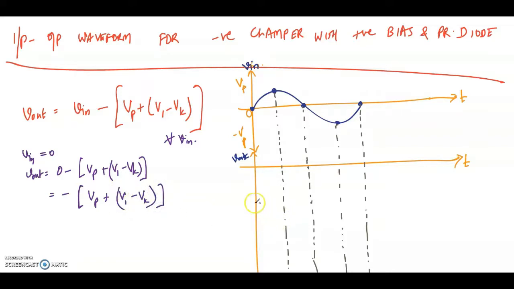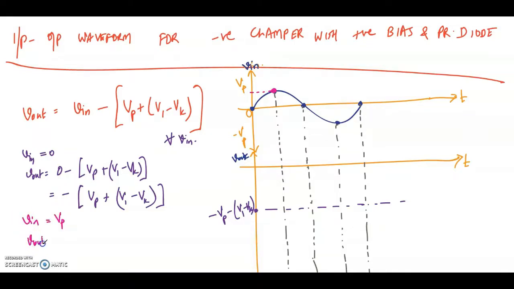Okay. Let me assume that this is somewhere here. So this is minus Vp minus V1 minus Vk. This is the shift in the 0 point. Next, let us consider the next point. Vn equal to peak value. Let's call this Vp. Vn equal to Vp.